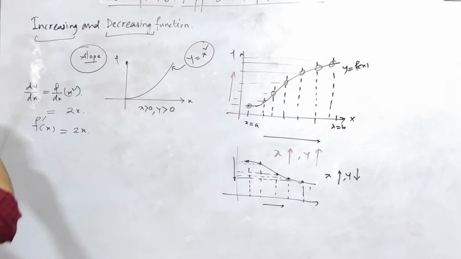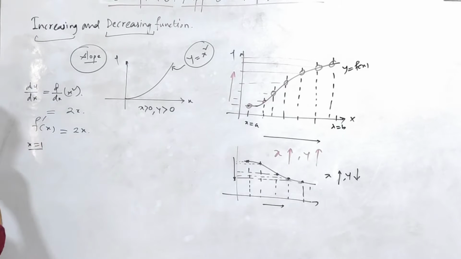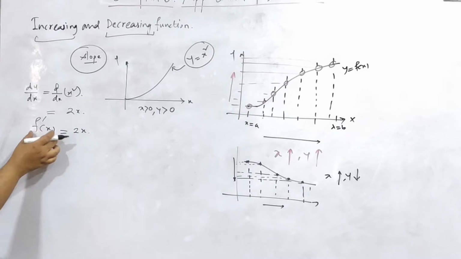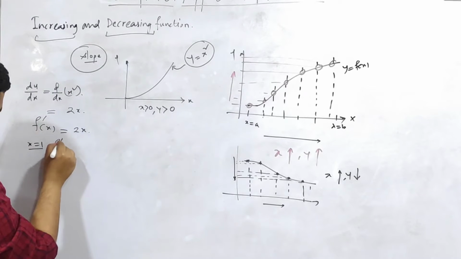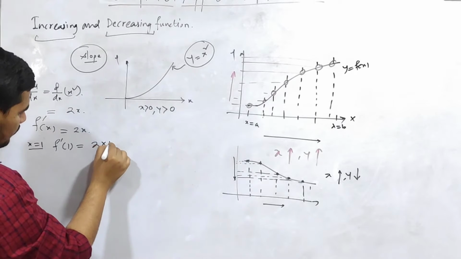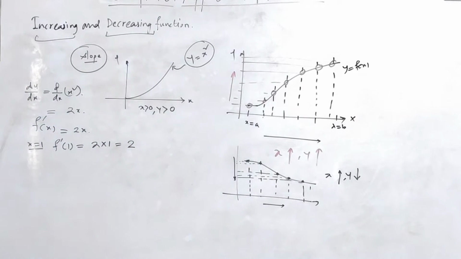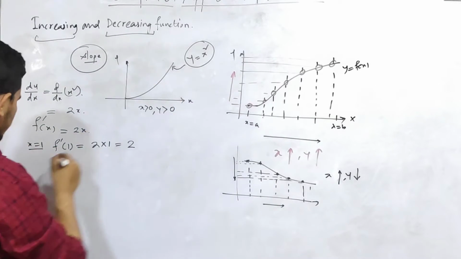So now let's suppose I take any value. Let's suppose I take x equal to 1. At x equal to 1, I will find out the value of f dash of x, not f of x. So f dash of x will be equal to twice x, that is 2 into 1, that is 2. Again I can take any value. Let's suppose, for the sake of simplicity, let's take x equal to 3.